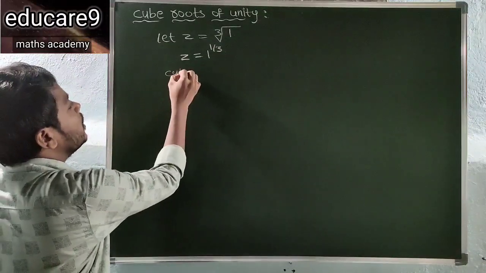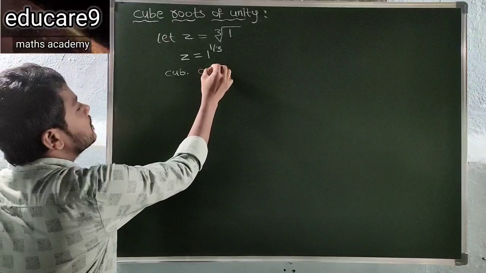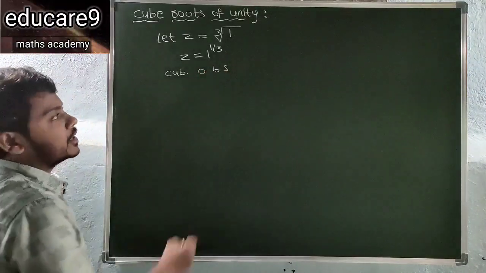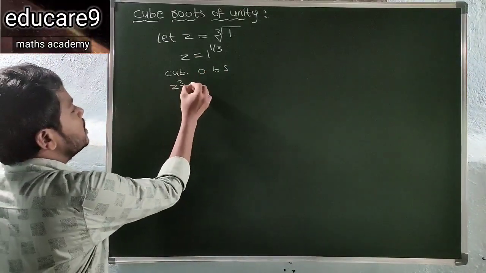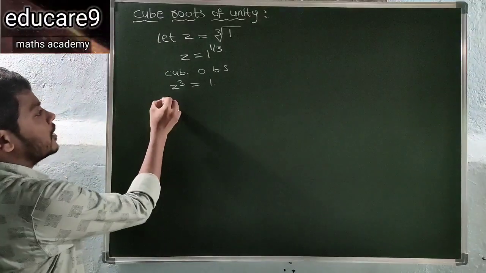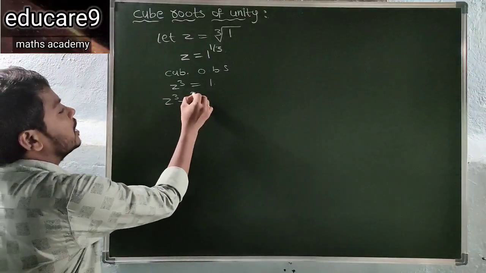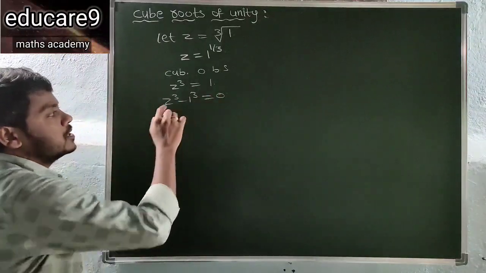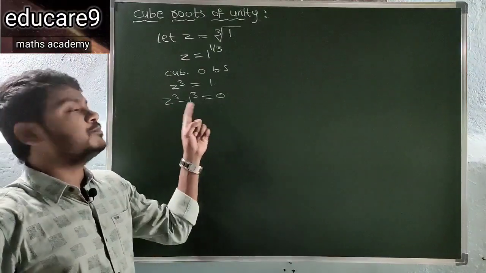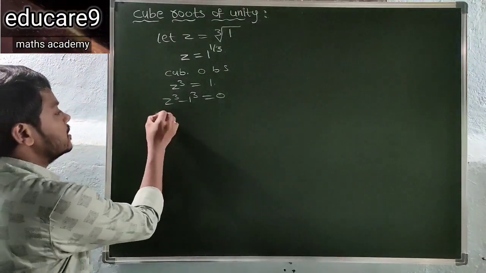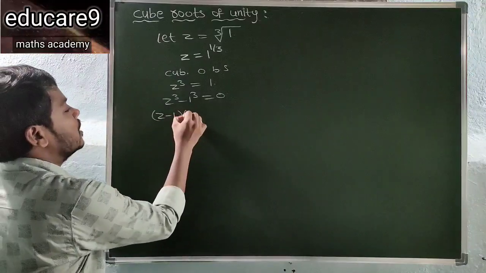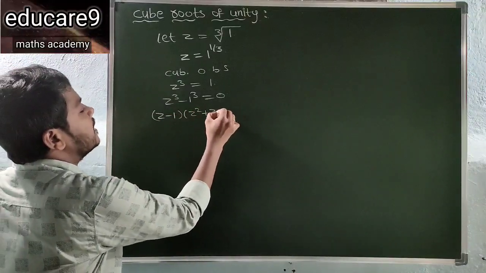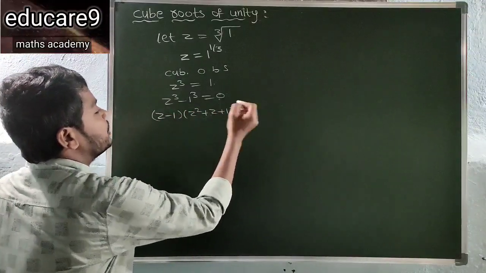Now cubing on both sides, we get z cube equals 1. So z cube minus 1 cube equals 0. Here you have to apply the a cube minus b cube formula, that is (z minus 1)(z square plus z plus 1) equals 0.